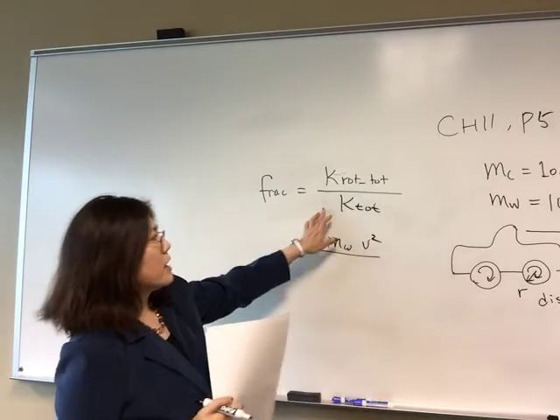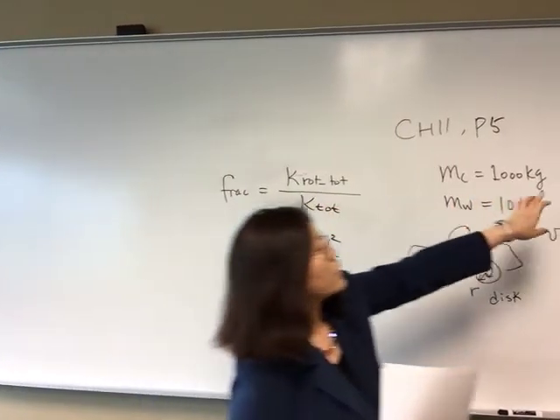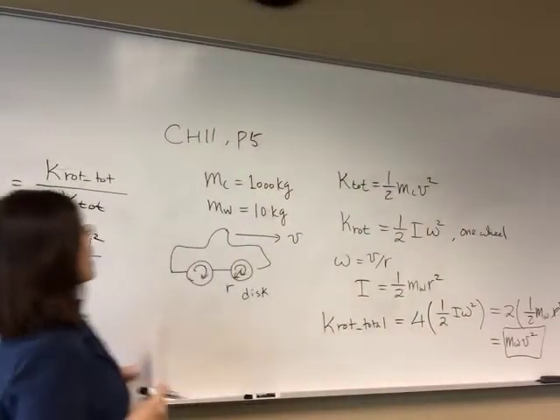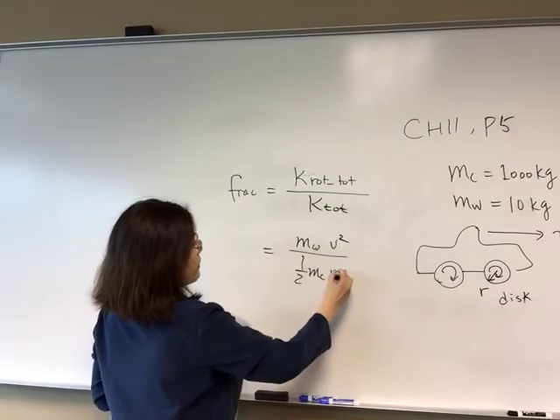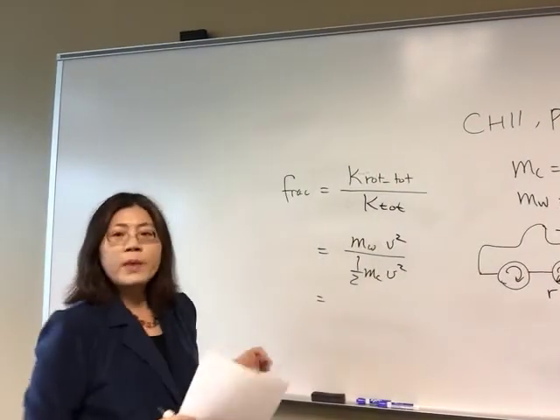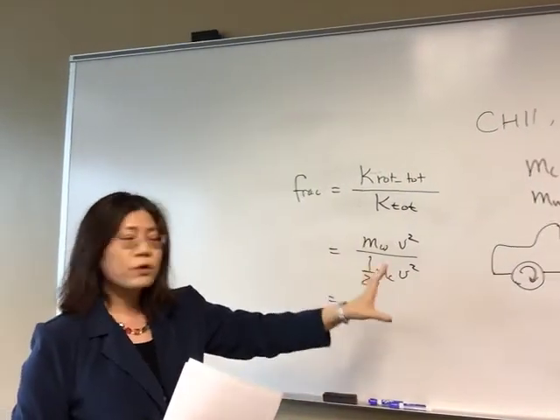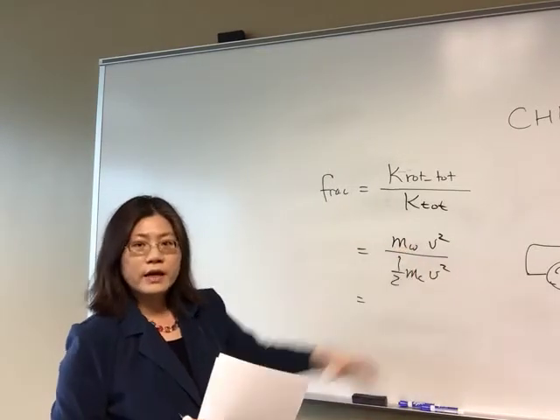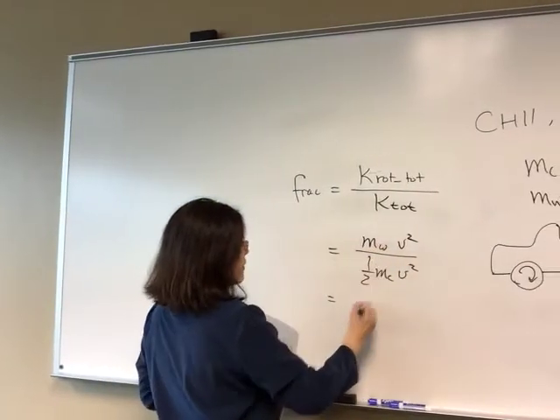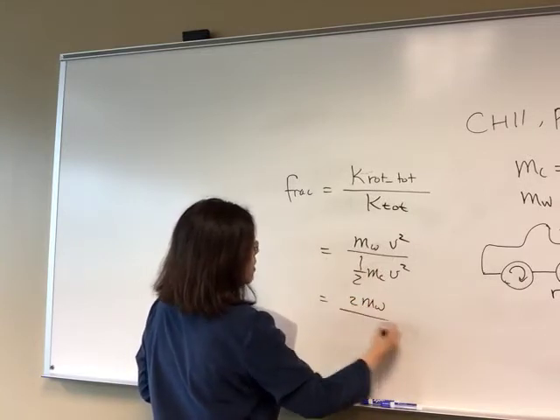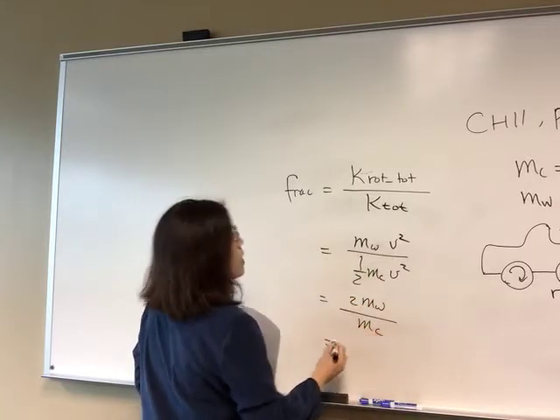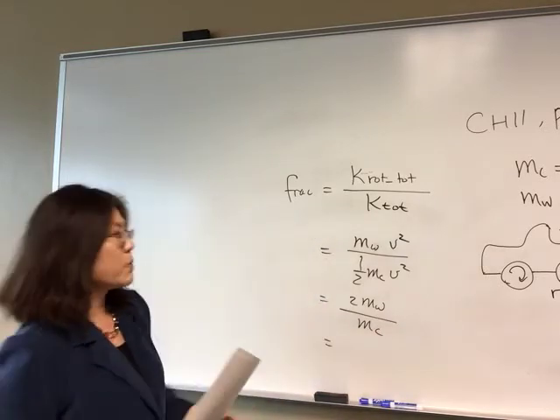And then in the denominator, our total energy of the system is just 1/2 the mass of the car times v squared. You can see that it doesn't really matter how fast the car moves, because the v basically gets canceled. So what you have here is 2 times the mass of the wheel over the mass of the car. We're given those numbers, so you can use that.